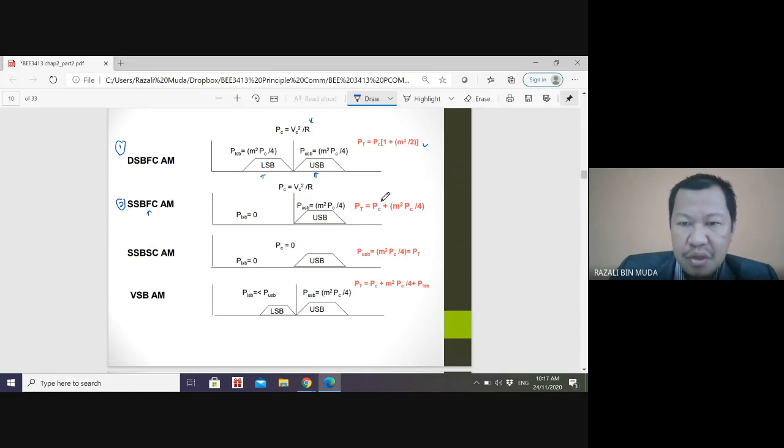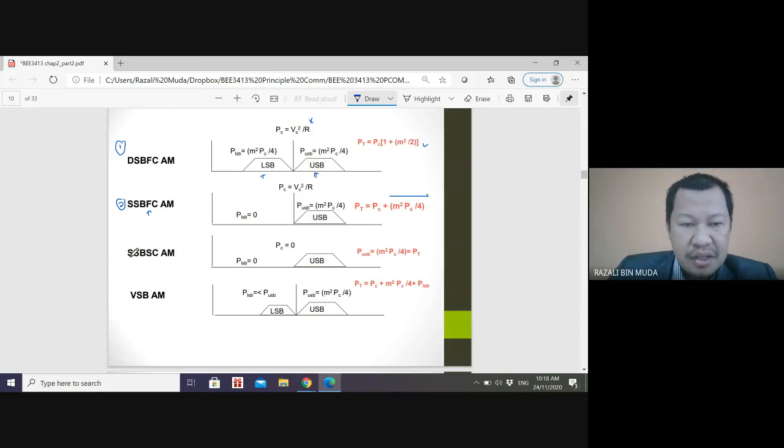So the total power is P carrier plus m square PC over 4, which is the power for one of the sidebands. You have one and one, the carrier and a sideband.